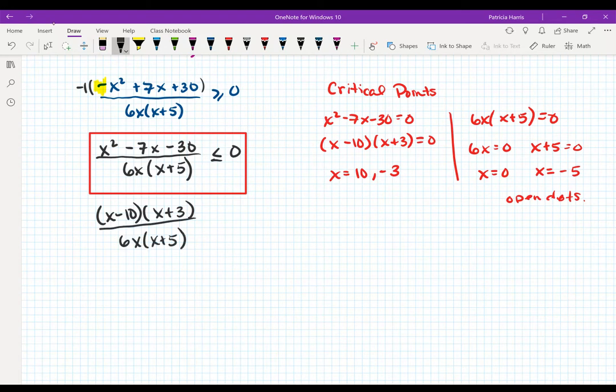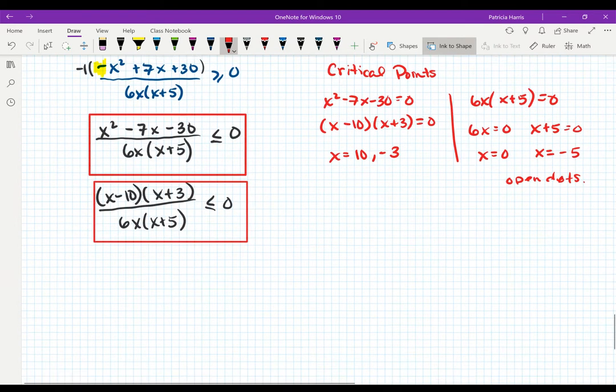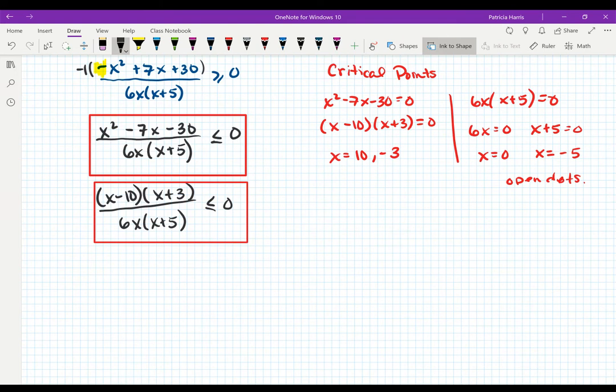It might make life a little easier if you use this one. Just an idea. All right, let's get a number line.